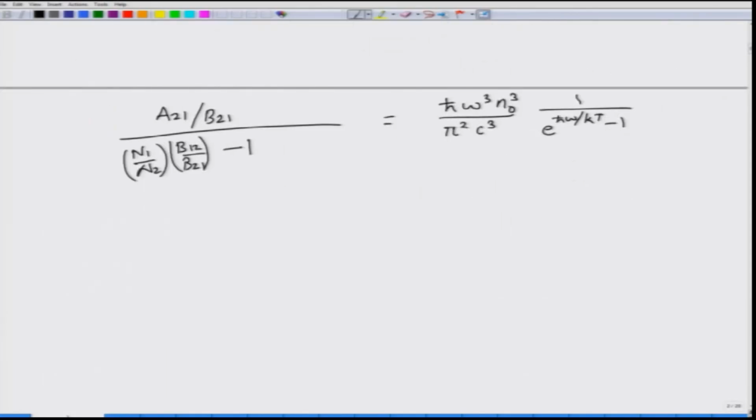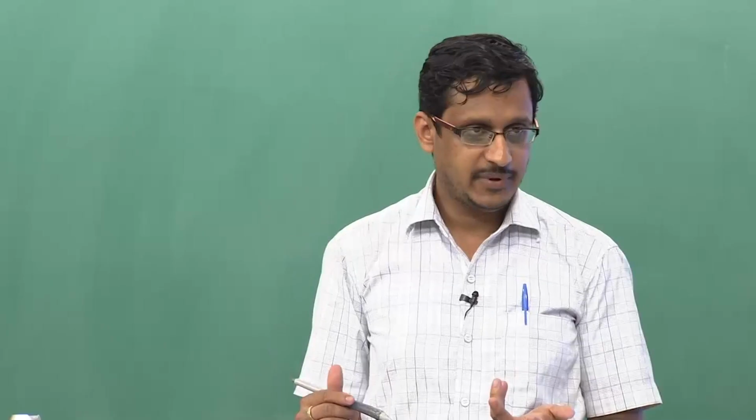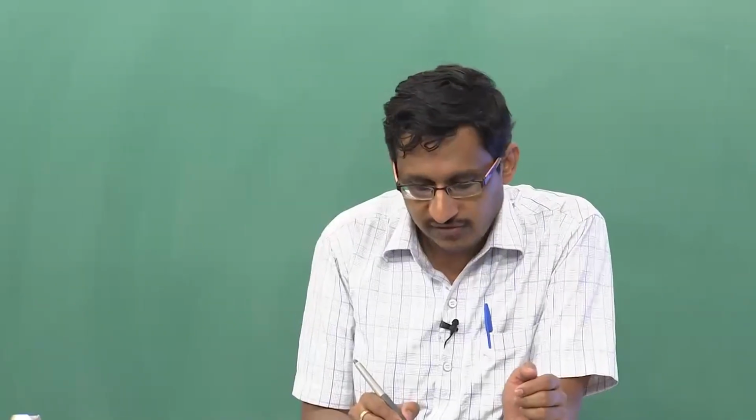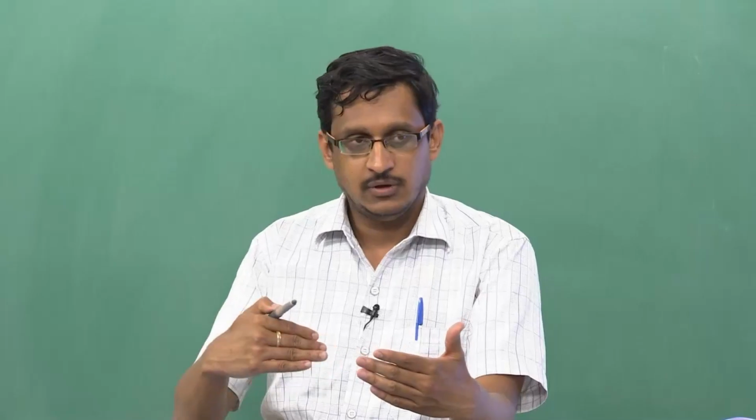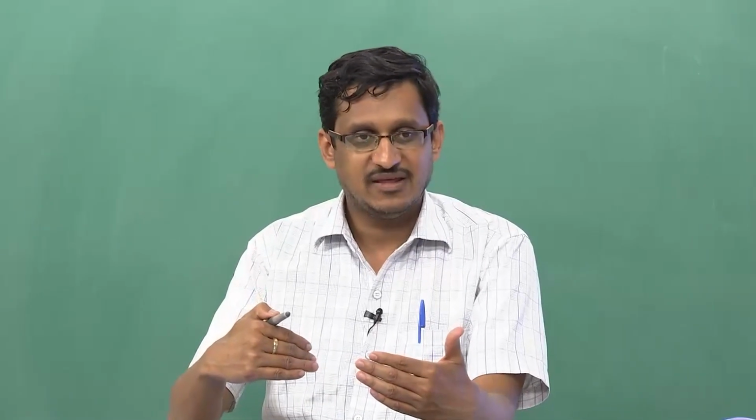To proceed further, I do not know A and B, but I do know what N1 and N2 are from thermal equilibrium. Since N2 atoms have an energy level E2, which is greater than E1, it is natural, and your intuition must tell you, that if you do not do anything to the system, much of the atoms must reside in the lower level.